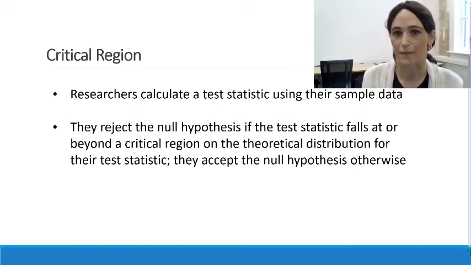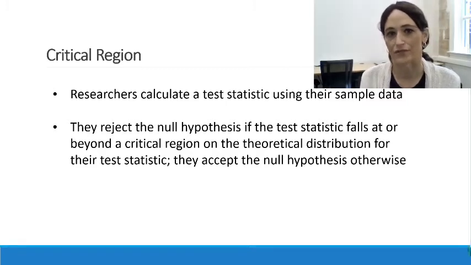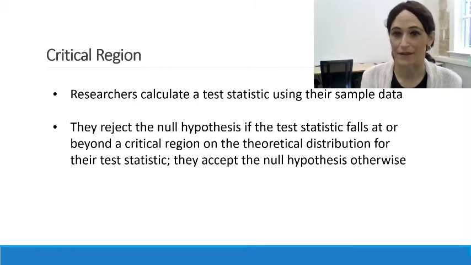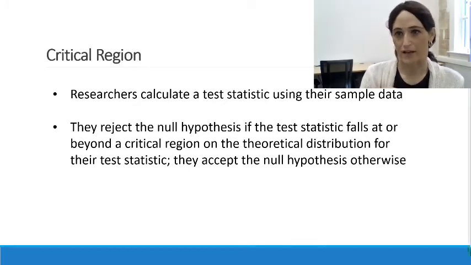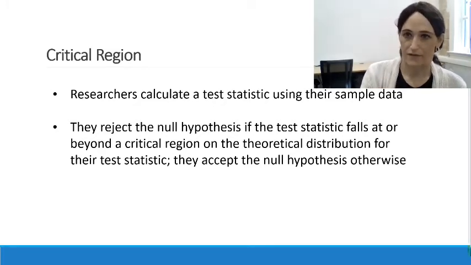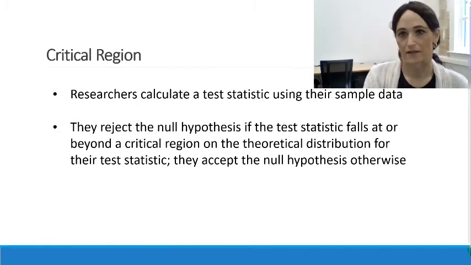So we reject the null hypothesis if the statistic falls at or beyond the critical region on a theoretical sampling distribution for the test statistic. We accept the null hypothesis otherwise. Okay, so when we look something up in the table, it has to be greater than that value if it's positive, or less than that value if it's negative, to reject the null hypothesis. That means it's really towards the tail end of that distribution.